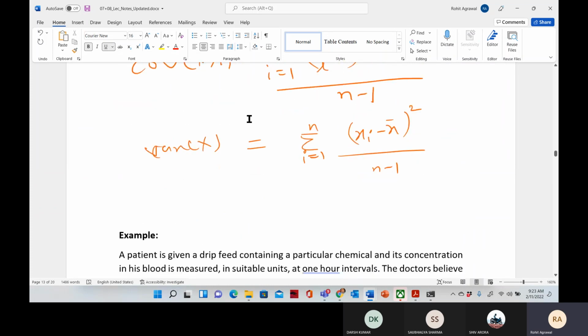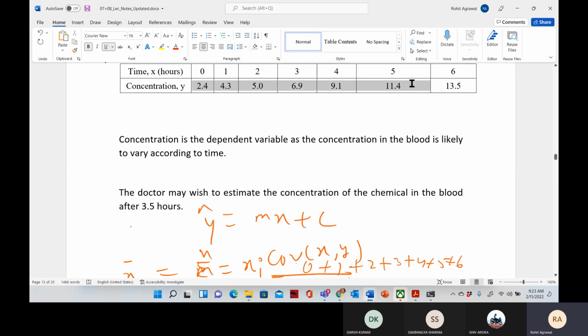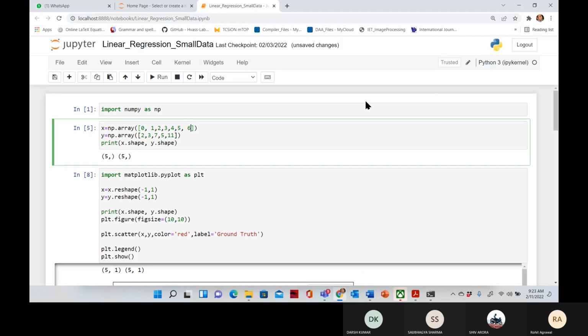Just a minute, these are the y values. ओके, तो क्या है ये? इट इज 2.4, 4.3, 5.0, 6.9, 11.1 एंड 13.5. सारी वैल्यू उन्होंने लिख ली है, जस्ट क्रॉस चेक. 1 2 3 4 5 6 कुछ मिस है.